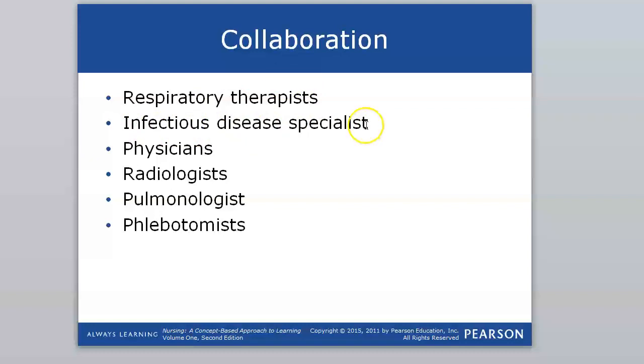Obviously, the healthcare provider is an important person, x-ray techs and radiologists who read those x-rays, and of course, a specialist, pulmonologist, and then of course, a lot of labs are done where the phlebotomists come in and draw lab work for the patients, okay?